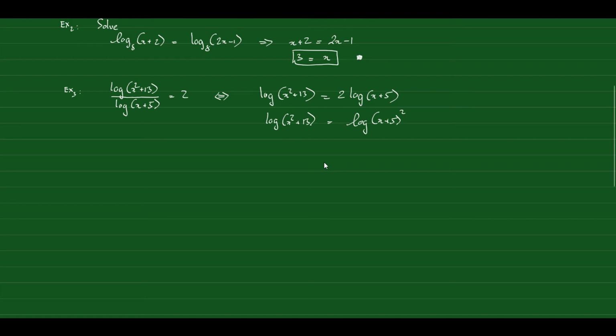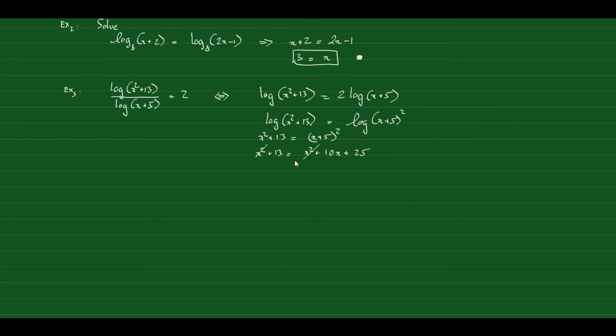Alright. And now you see that we can set up the arguments equal to each other. What kind of equation is that? It's quadratic. Now we can show quadratic, plus 10x plus 25.